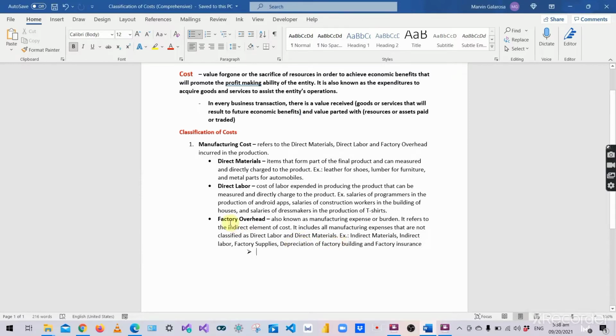Under ng examples ng factory overhead, may mention tayo na indirect material saka indirect labor. Kailan ba i-consider ang materials as indirect? And when you will consider a labor cost as indirect labor?